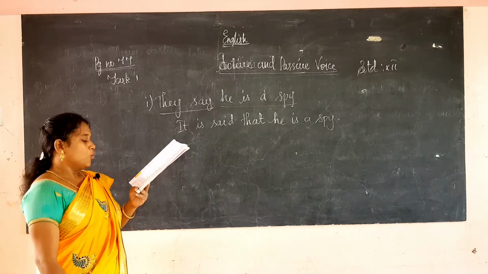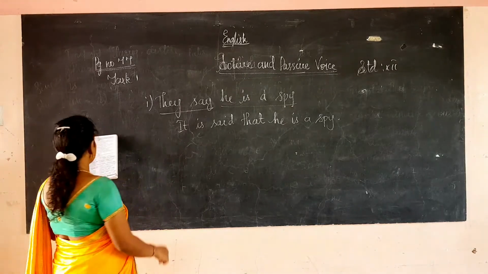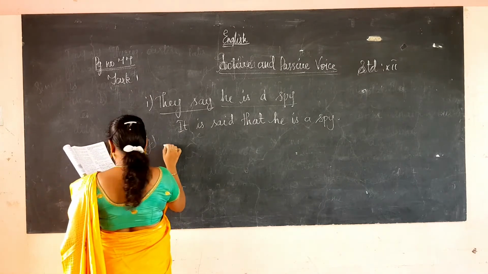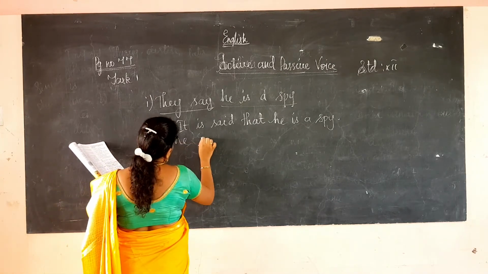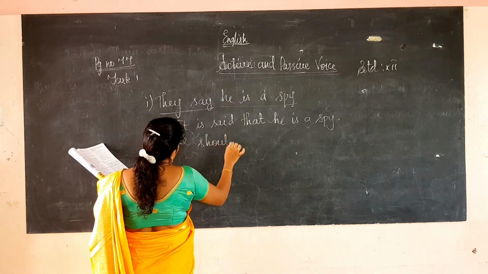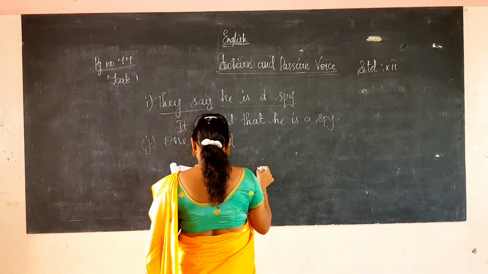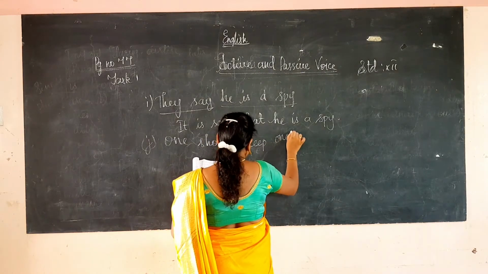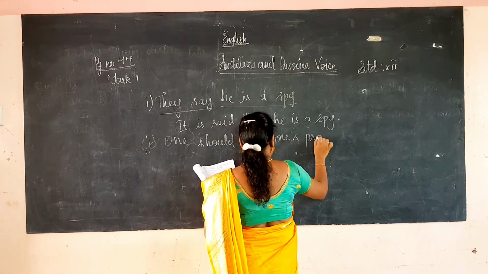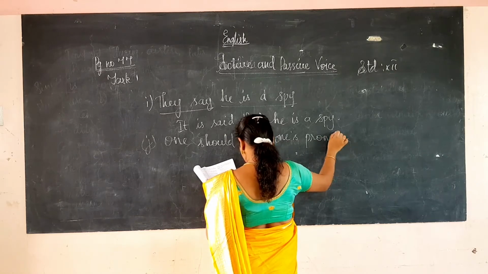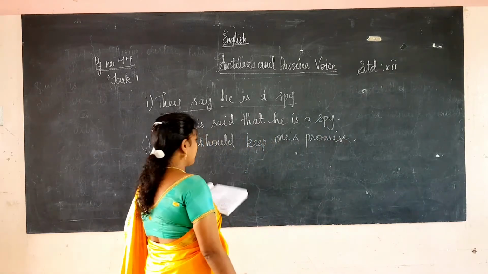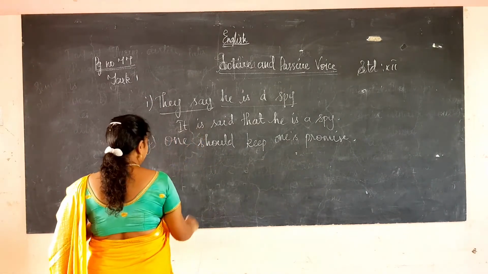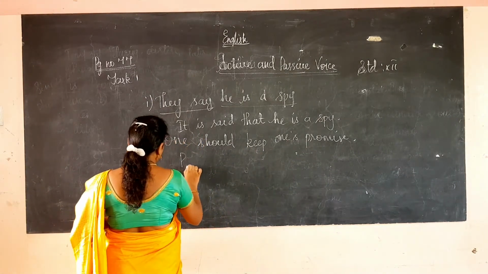Okay. Next, one should keep one's promise. It is important; in all the question papers they will ask this. There is a possibility of this question in your test paper. One should keep one's promise. First is the object, that is the promise.